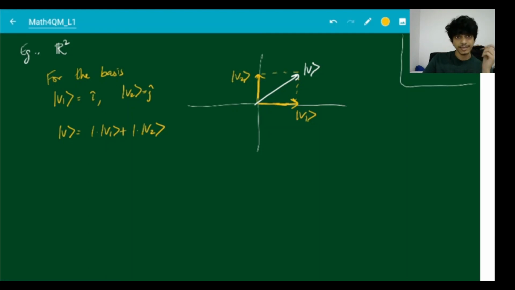So I will say that in the basis i, j, the components are 1 and 1.